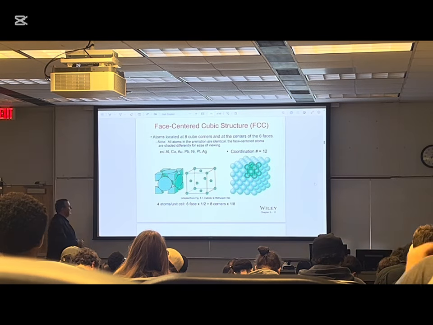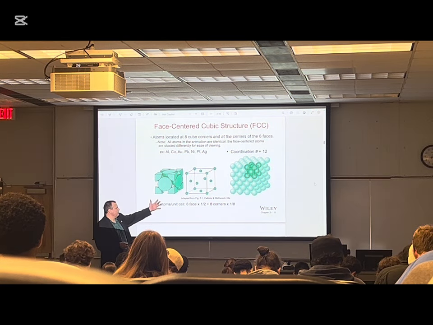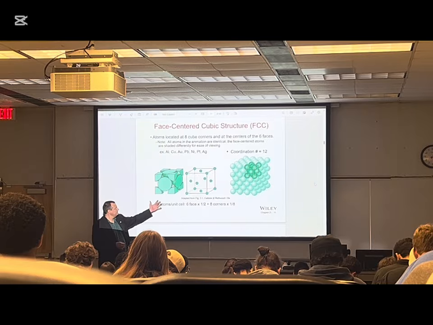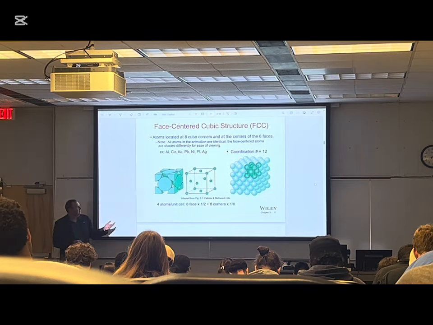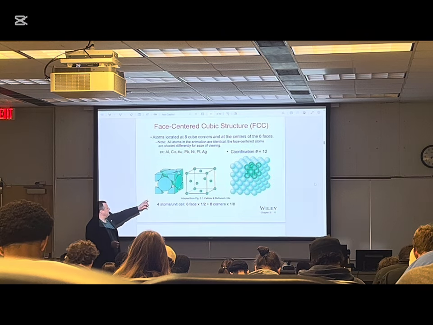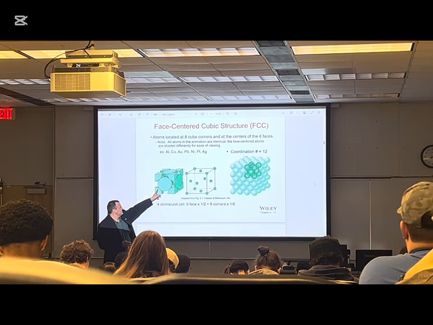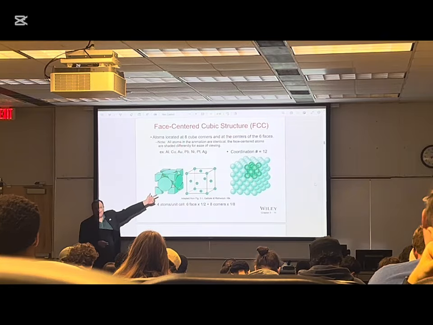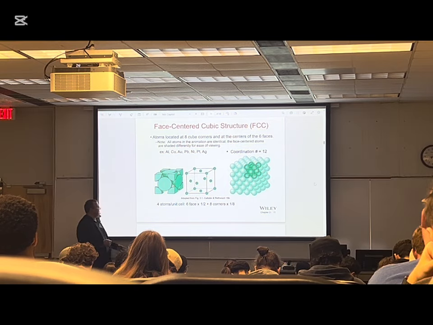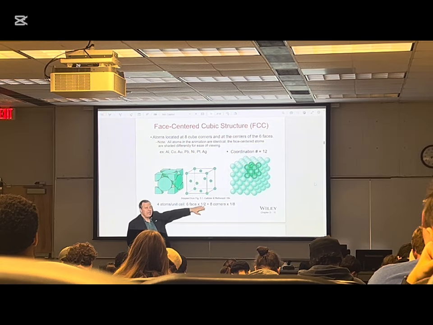Now, calculating the number of full atoms for this structure is a little tricky. Why? Because we have 6 faces, right? But we only have half an atom. So we have 6 faces times 1/2, which is 3.